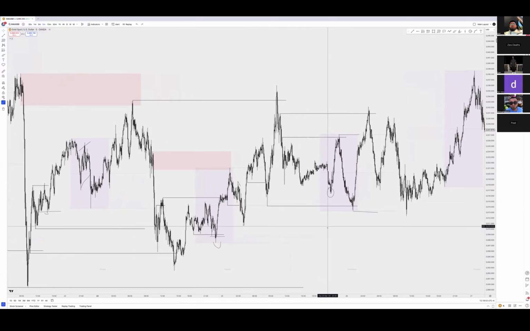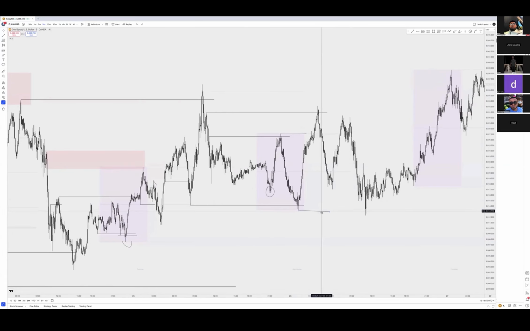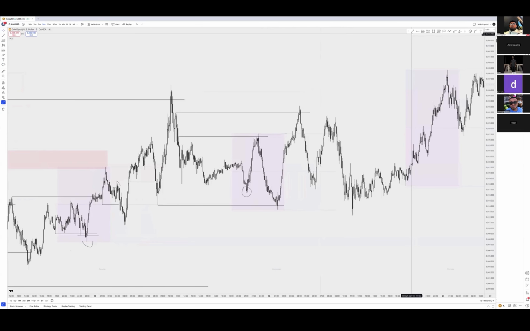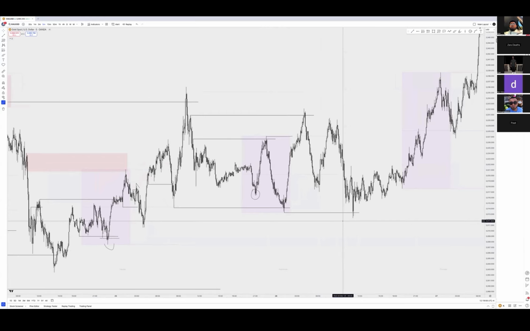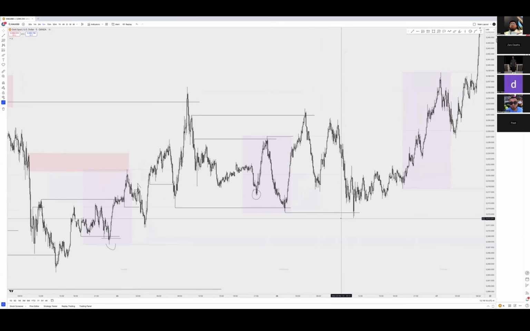Possibly look at a different pair. Because at the end of the day, we're not here to guess, right? If we're unsure where the market is headed, or if there's liquidity to both sides, the probability just goes down.